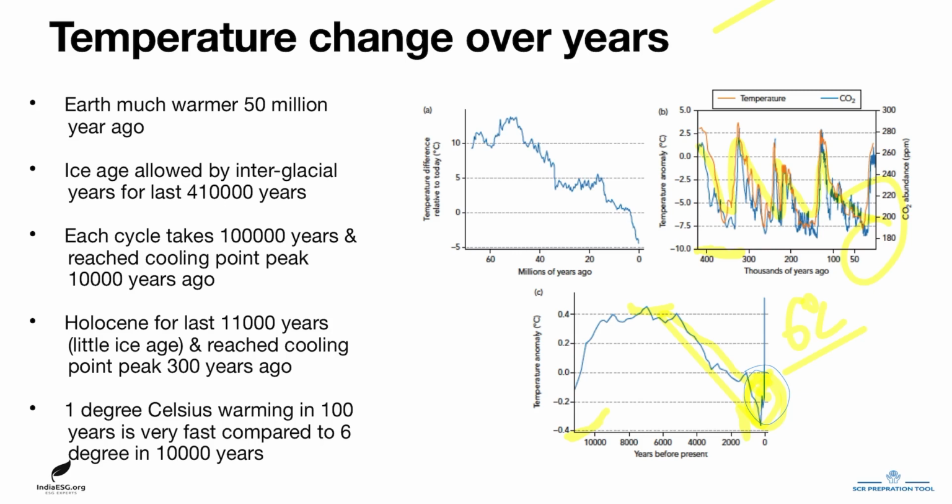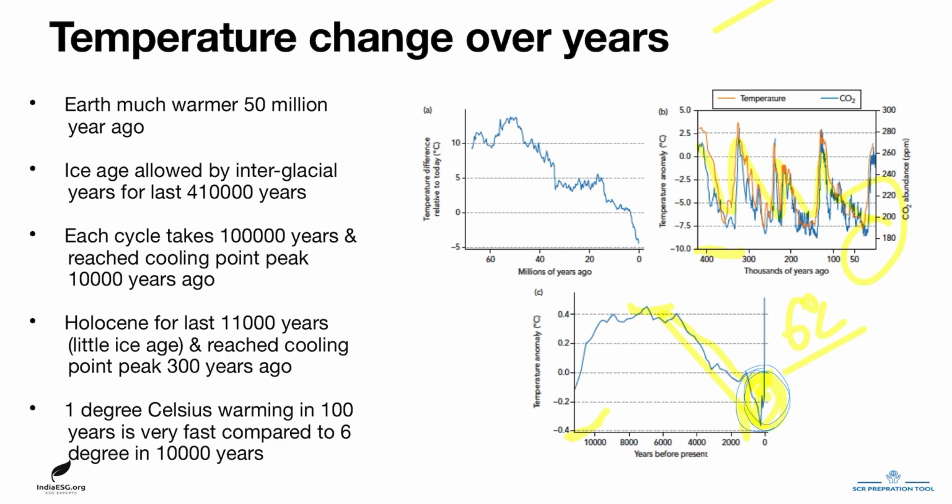But the situation which is very alarming is that for this 1 degree Celsius increase which has happened in the last 100 years, if we compare the pace of temperature increase, then the 6 degree Celsius increase happened over a period of 10,000 years, and 1 degree Celsius has increased over a period of 100 years only.